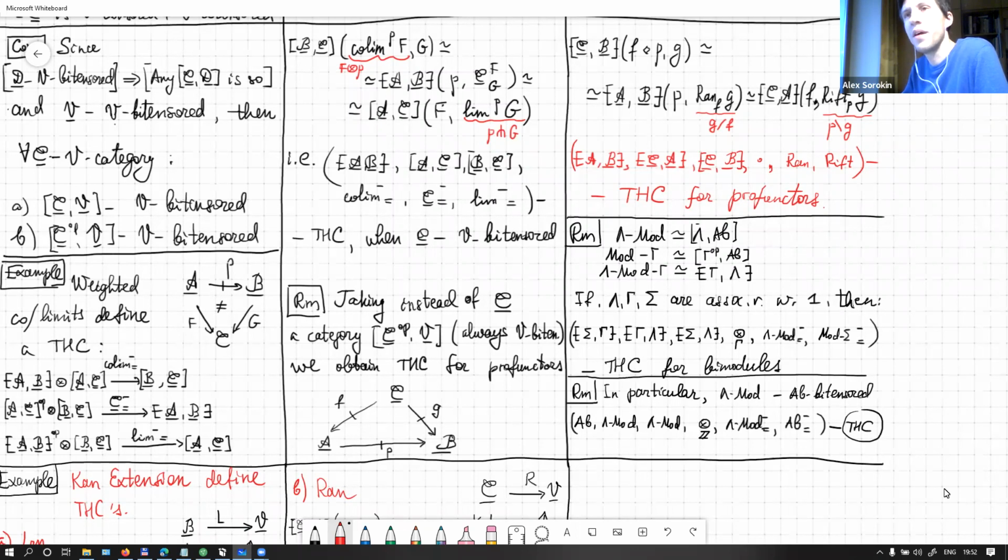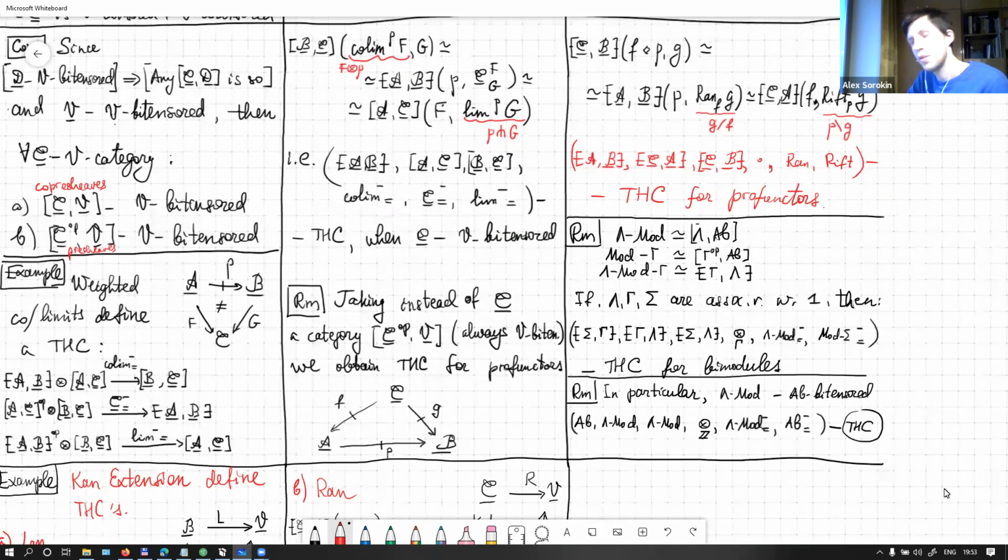And taking D to be the self-enriched category V, which is always bitensored, and picking any category C, I obtain that functors from C to V form a V-bitensored category, and contravariant functors from C to V also form V-bitensored categories. So the category of copresheaves and the category of presheaves are always bitensored. Copresheaves and presheaves are always bitensored. Not only tensored and cotensored, but bitensored.